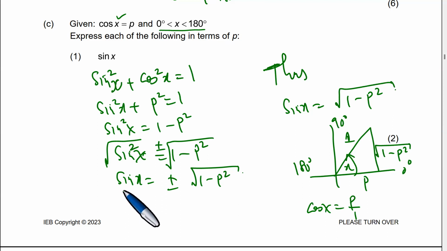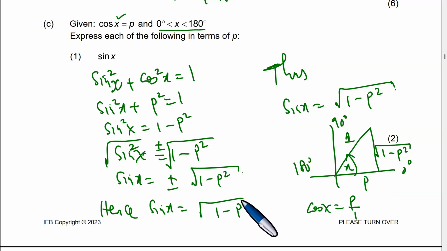So sine x becomes the opposite over the hypotenuse. The hypotenuse is 1, so it is exactly this. I mean, you can use the diagram to obtain everything, or you can use the trig identity.